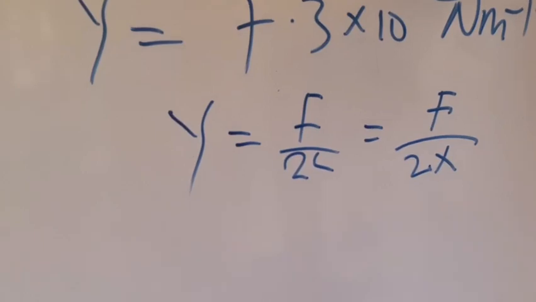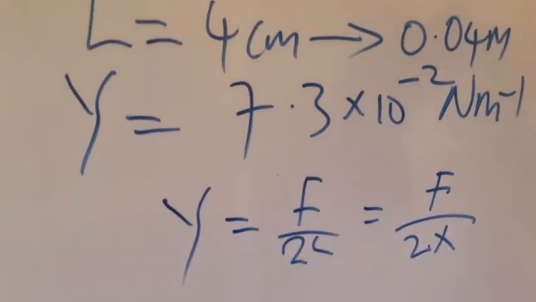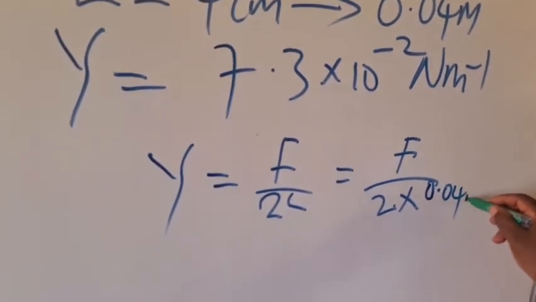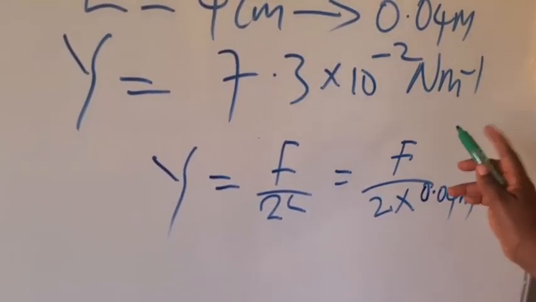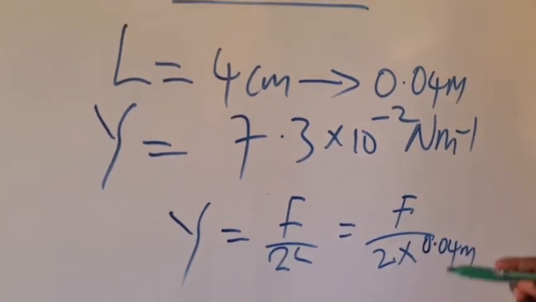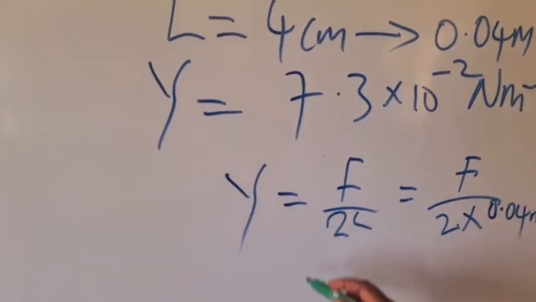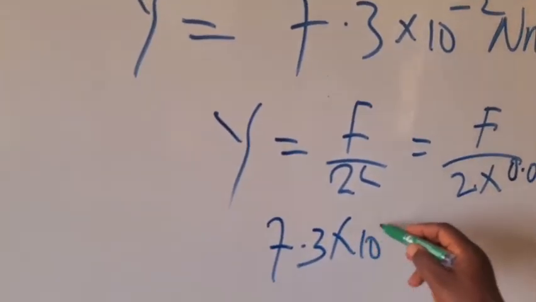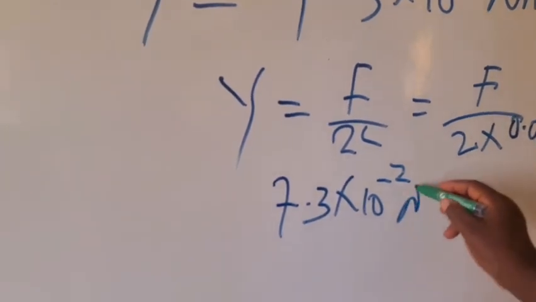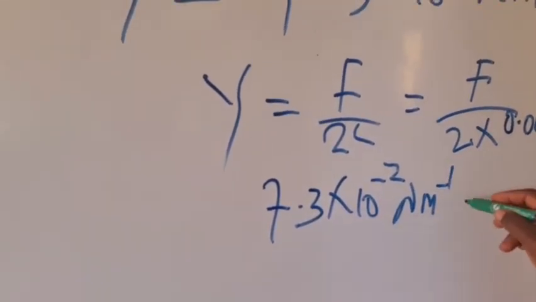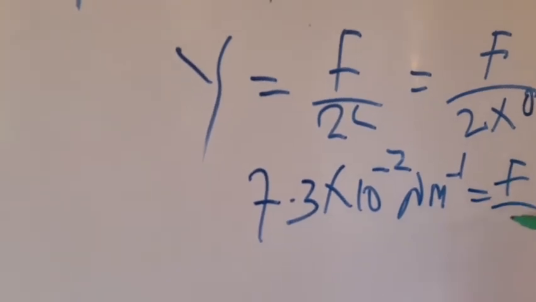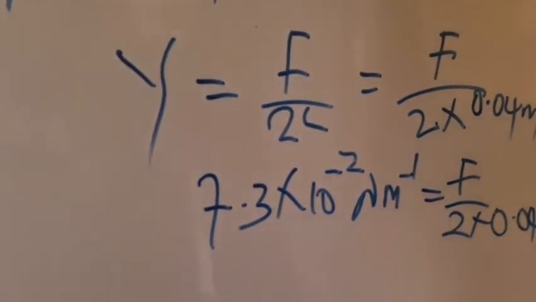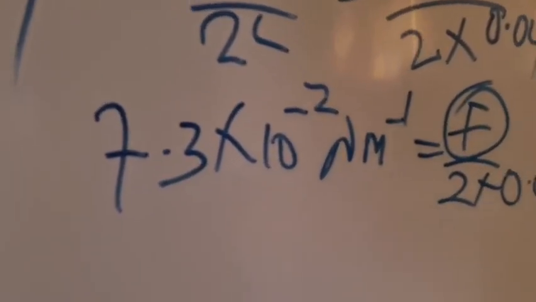You must change to SI unit, so you change to meters, 0.04 meters, and then we are going to make force the subject of the formula. The surface tension, 7.3 times 10 to power minus 2 Newton per meter, is equal to force all over 2 times 0.04 meters.